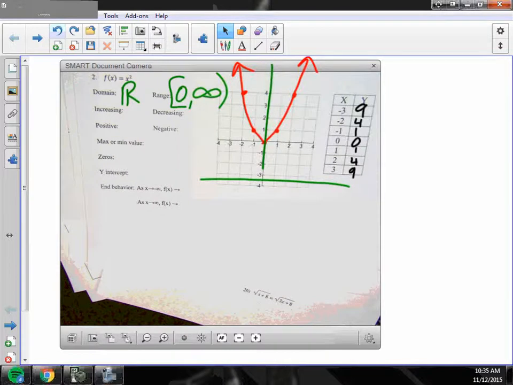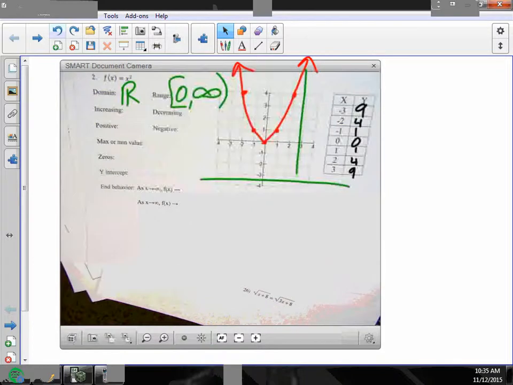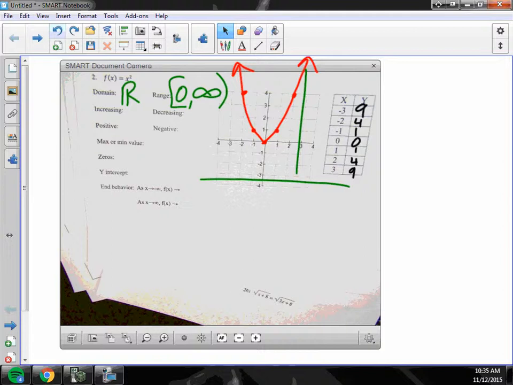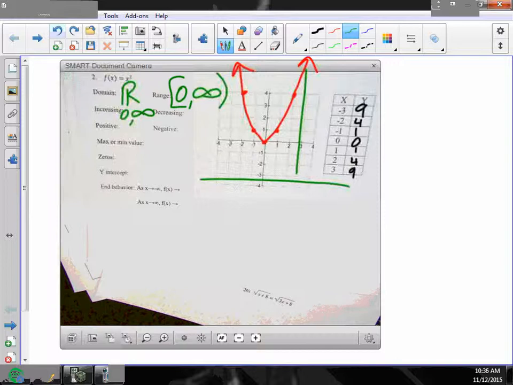Now it's going perfectly flat, and then it starts going up. So when on the x-axis is the car flat? At 0, and how long does it increase after that? So increasing is 0 to infinity, and then we have to ask, is the graph going up at 0? No, so 0 gets a parenthesis. 0 is not part of the answer.